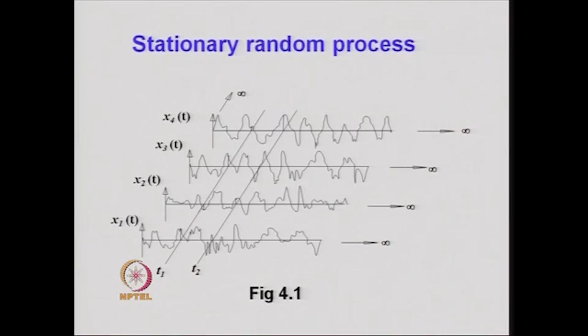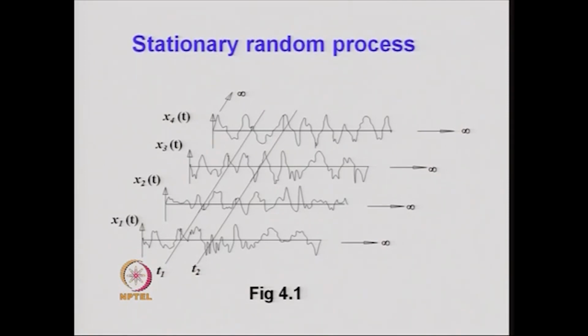So, we always have a finite collection of ground records, and the duration of the earthquake is generally of the order of 30 seconds, 40 seconds or so. Whatever data we get, with its help we try to look at a property of the random process.